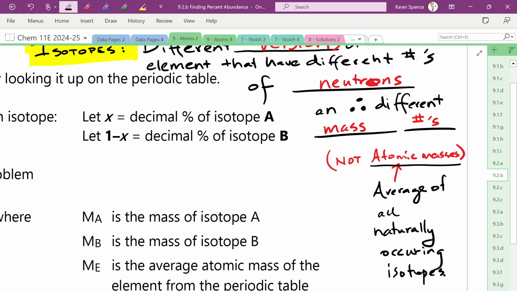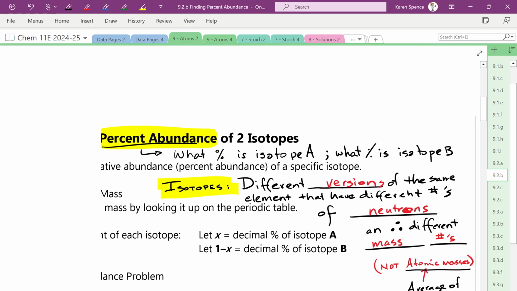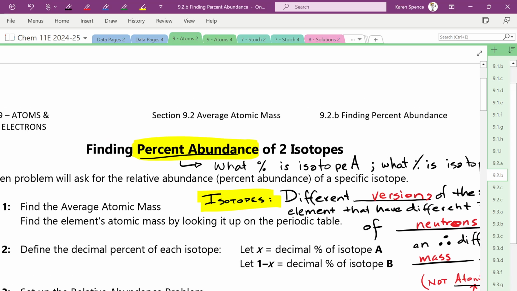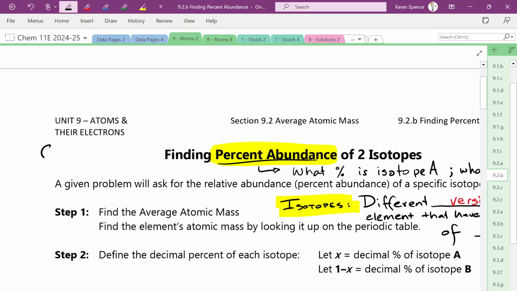It tells you that most carbon atoms have a mass of... we have carbon 12, we have carbon 13, we have carbon 14. Those are their mass numbers. The atomic mass is 12.01. Just double check. Yeah, 12.01.